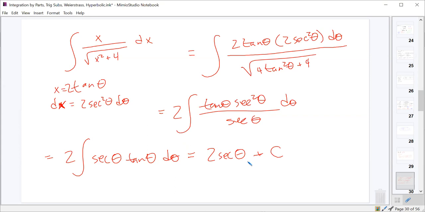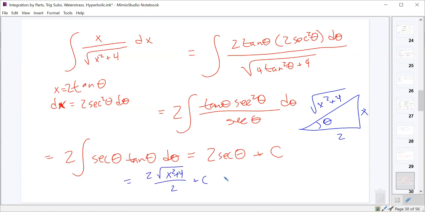And secant theta, if we look at the right triangle, right here is x over 2 for tangent theta, root x squared plus 4 here. Secant ought to be hypotenuse over adjacent. So this just becomes 2 root x squared plus 4 over 2 plus our constant, or just like we got the other way, root x squared plus 4 plus c.